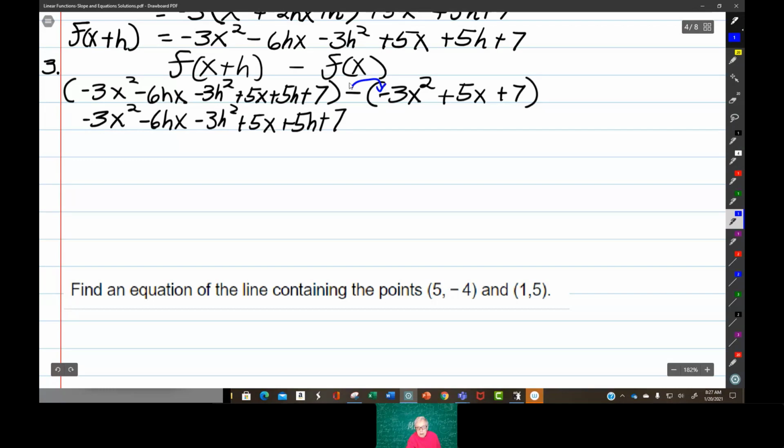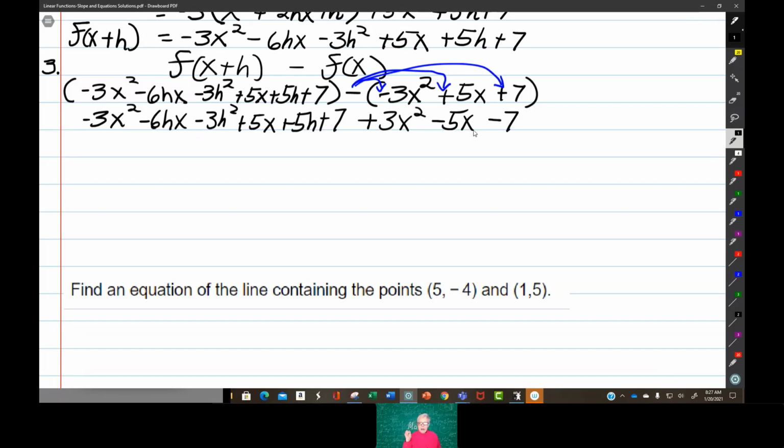Boom. Negative times negative is positive 3x squared. Negative times positive is negative 5x. Negative times positive is negative 7.